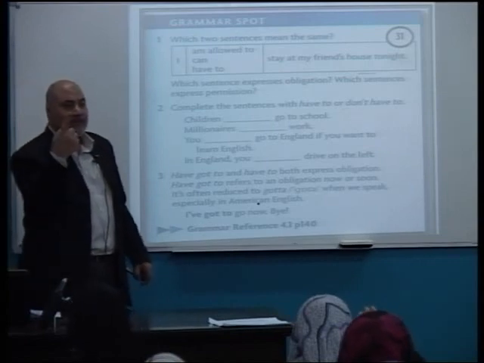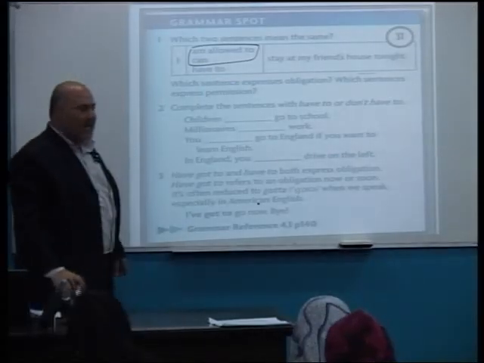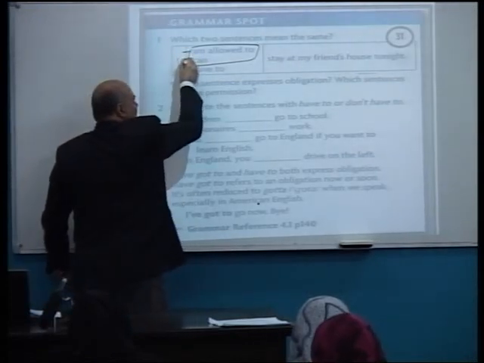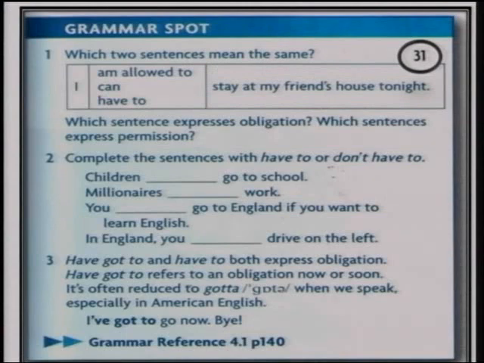I'm allowed to and can mean the same. But have to is different. So have to is for obligation. But can and I'm allowed to are for permission.